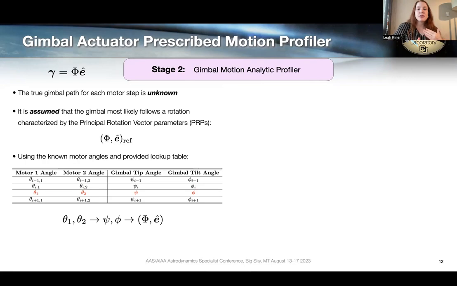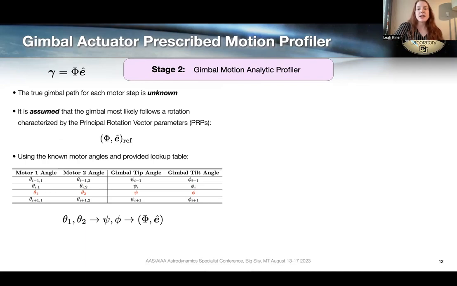And then from these two principal rotation vectors, we can find a relative principal rotation vector to interpolate so that we only are interpolating a single angle. And then with our interpolated angle, we would do principal rotation vector addition to the smaller of the two rows in our table to get our full interpolated principal rotation vector.